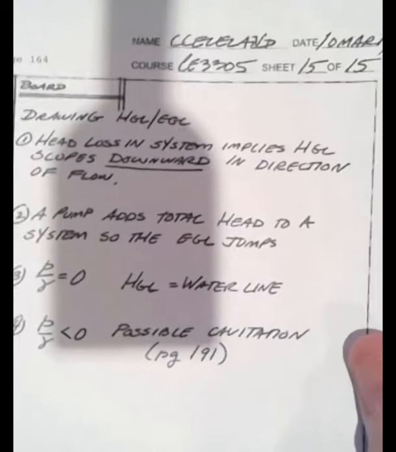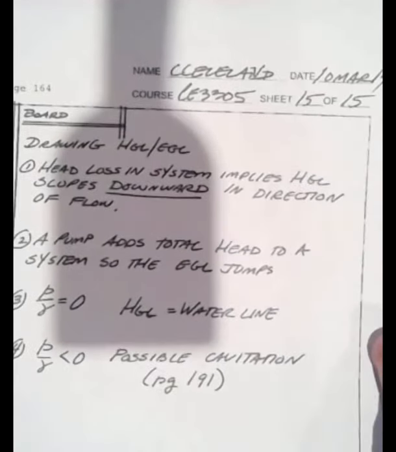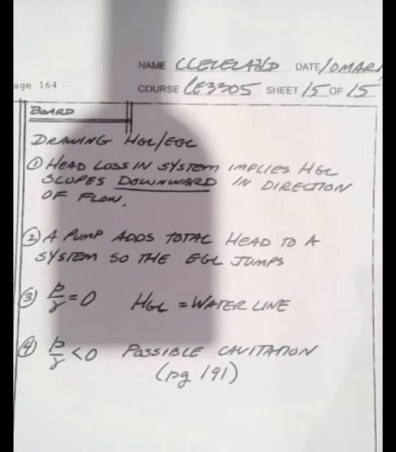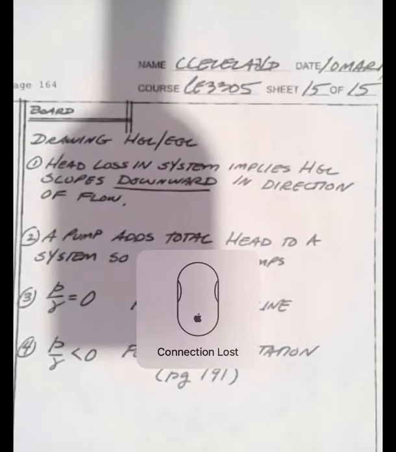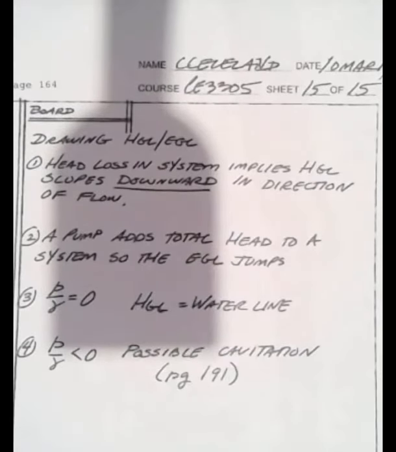Okay, so to draw a hydraulic grade line, which is actually quite useful in system design, the head loss in the system implies that the hydraulic grade line has to slope downward in the direction of flow. Pump adds total head, so that causes energy grade line jumps.